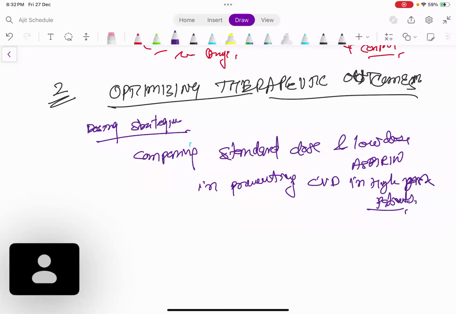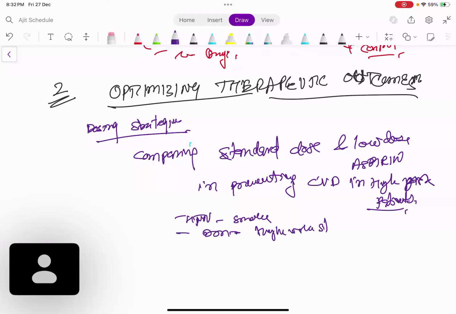See, when you are comparing the standard dose and low dose aspirin in preventing cardiovascular disease, it means the patients do not yet have cardiovascular disease. These patients have high risk, like maybe hypertension, maybe smoking, maybe diabetes mellitus, or maybe a high level of work stress.